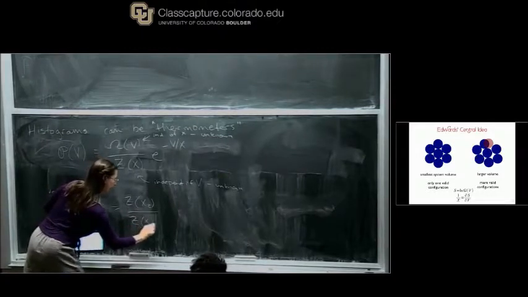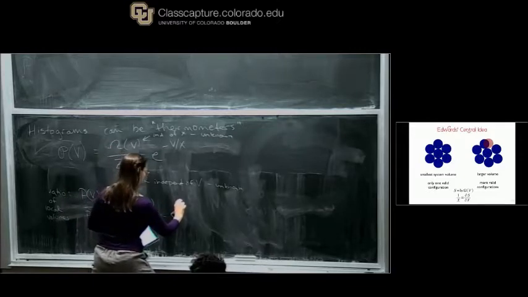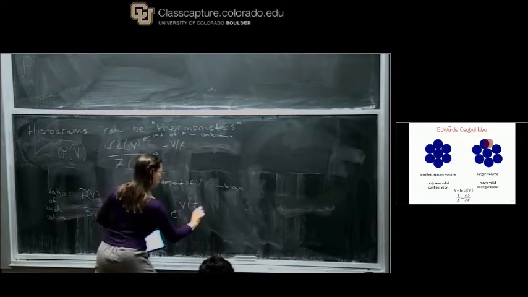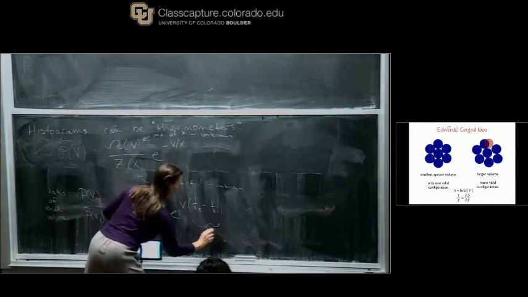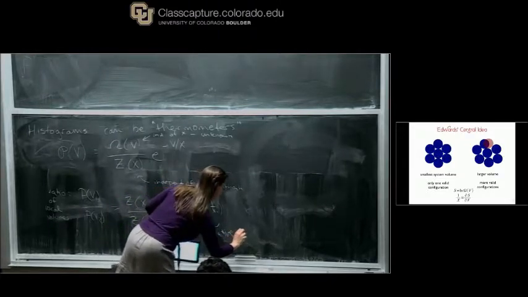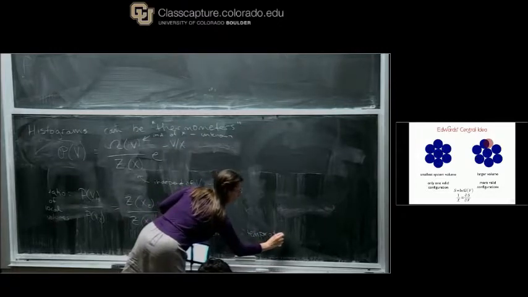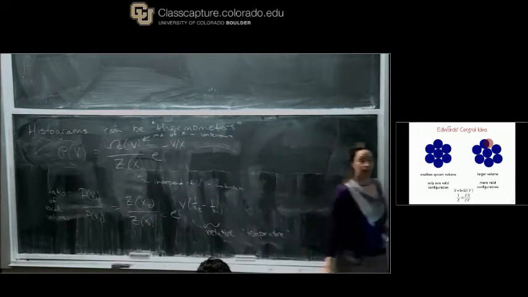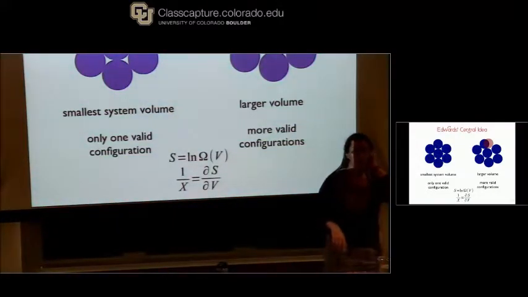Let me write this. I'm going to get a ratio where this part here gives you a relative temperature. And if you know where your zero is, which we do know, it's at random close packing, then we can figure out where we are.